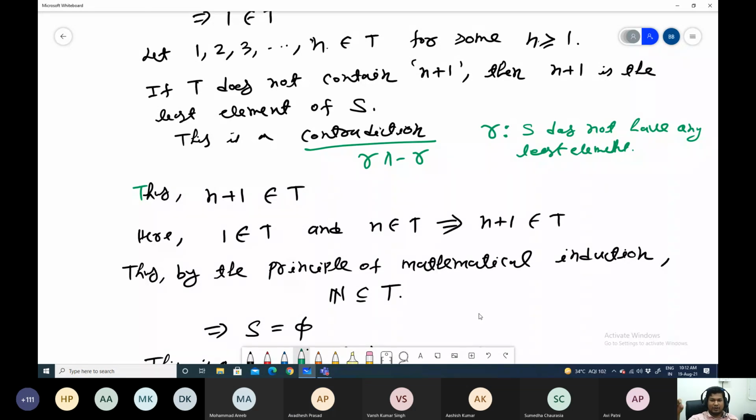Since this condition is true, from 1 to 2 you can prove, 2 to 3 you can prove, and then up to n you can easily prove, right? Yes, sir. If you want to say strong induction, then it is fine. You don't need that actually.